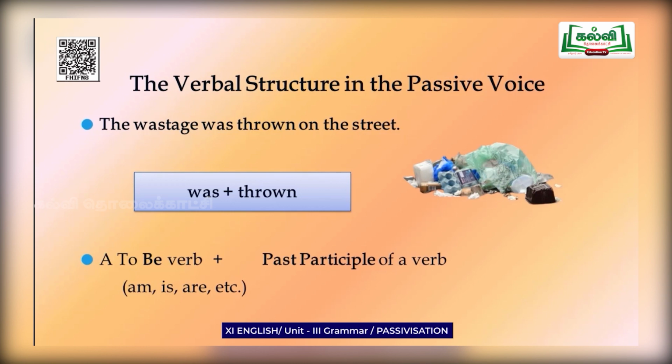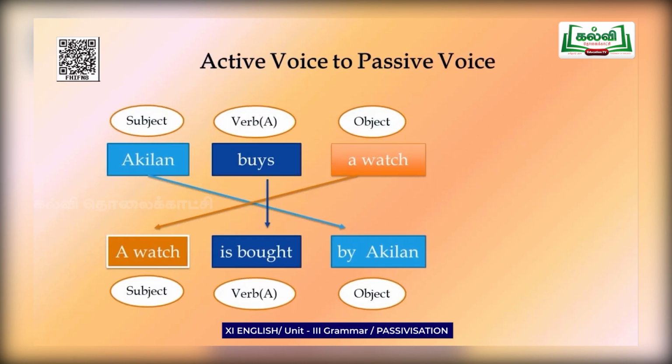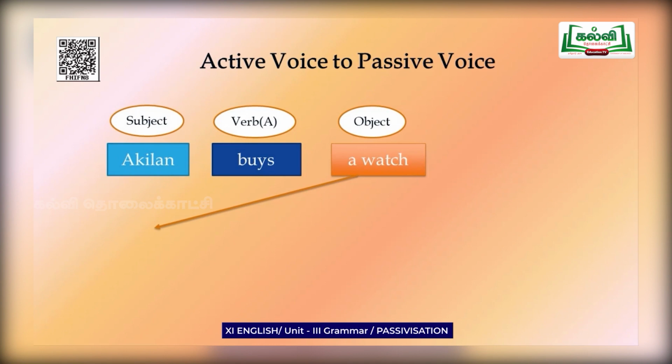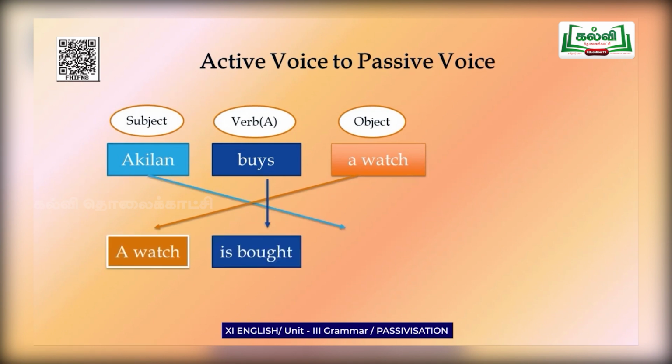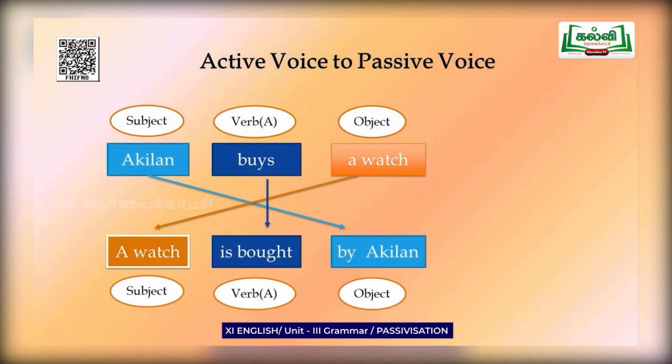So hereafter, our focus is how to change only the verb, because in all the tenses, object in the active voice becomes a subject in the passive voice. Subject in the active voice becomes the object in the passive voice. So there is no change in interchanging subject and object.